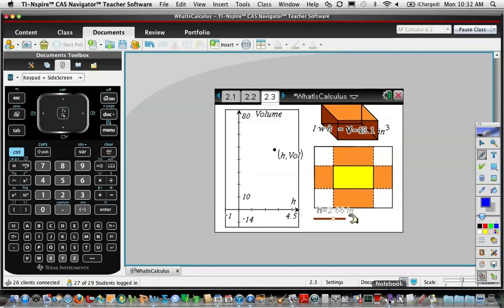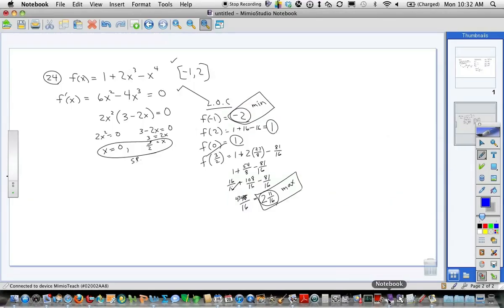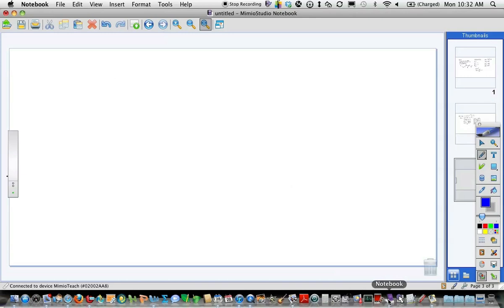So, let's do that. Let's say we're going to start with an 8 by 10 piece of paper. Okay? And we're going to cut out 4 corners.